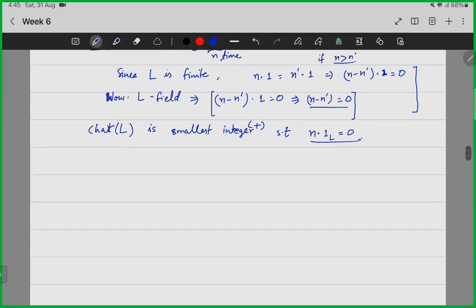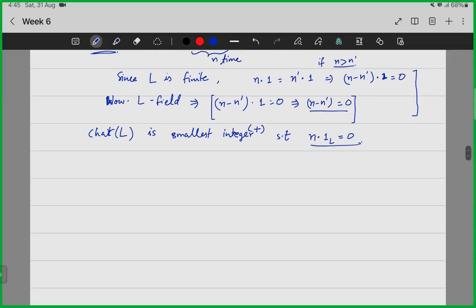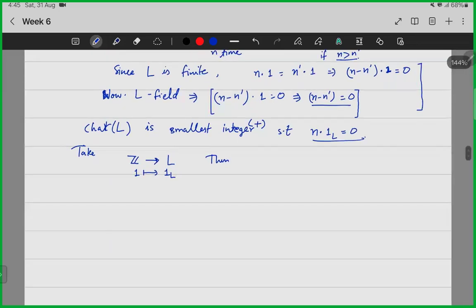Good. Now why should it be prime? Take the natural morphism from Z to L, where 1 is going to 1 of L. Understood? Then what is the kernel?